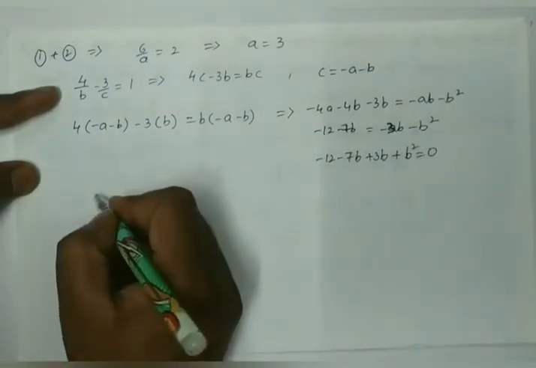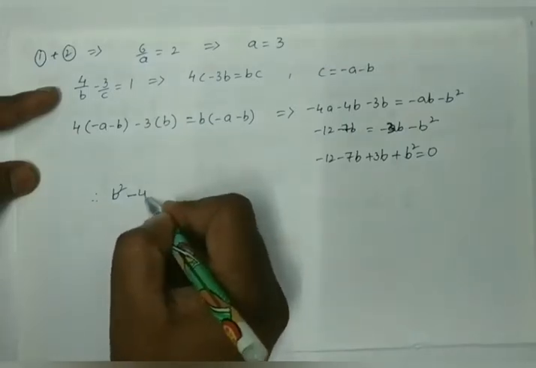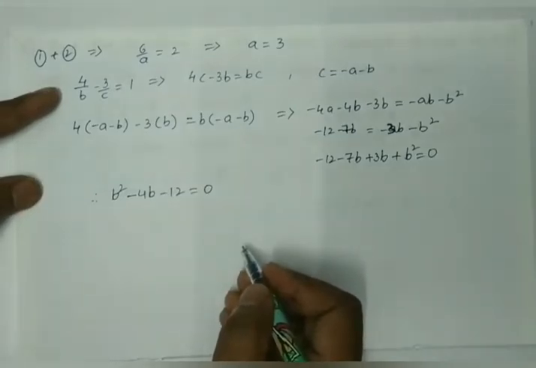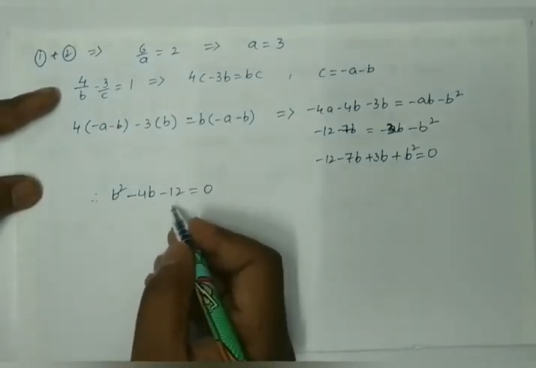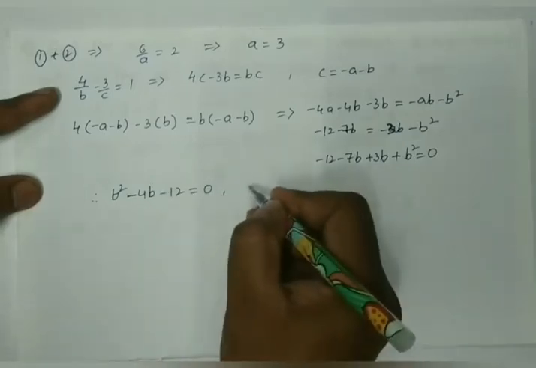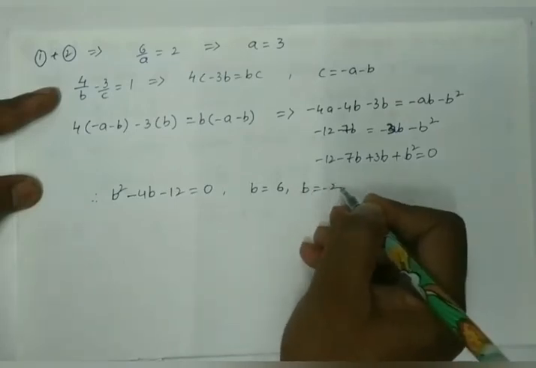Therefore b square minus 4b minus 12 is equal to 0. By solving this quadratic equation we get b is equal to 6 and b is equal to minus 2.